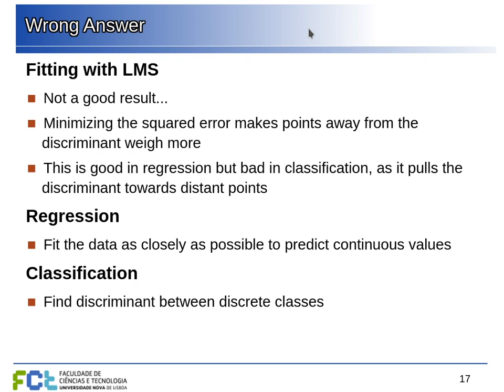In regression, we want to fit the data as closely as possible, so we need our hypothesis to output predictions that are as close as possible to all the points. But in classification, we want to separate our data into different classes. So we really must focus on the frontier and not pay too much attention to points that are far away from the frontier, as long as they are on the correct side of the discriminant.